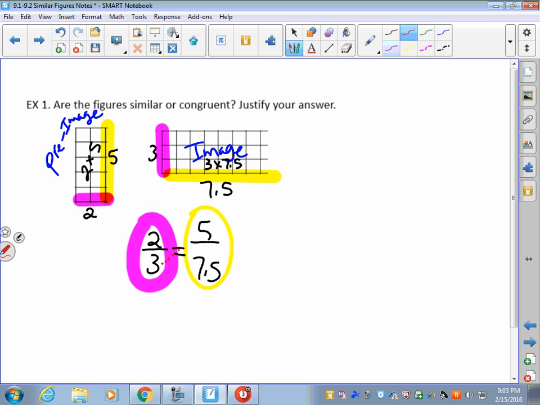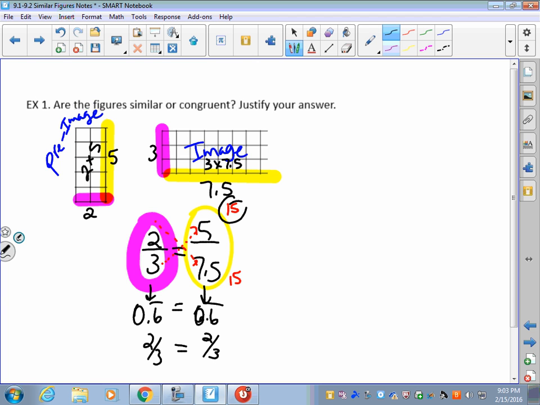If I do my cross products, my mean is 15, my extreme is 15. Since they're the same, or I can reduce: the decimal is 0.6 repeating, and this is also 0.6 repeating. This is the simplified ratio, 2/3, and it is also 2/3. Since they all equal, we are proving that it is proportional.